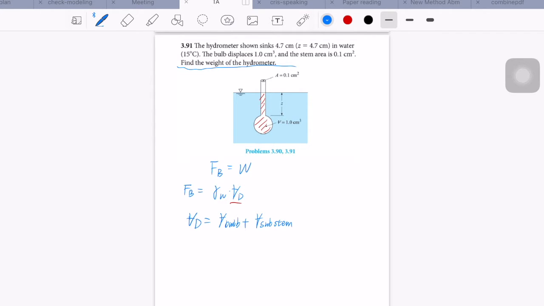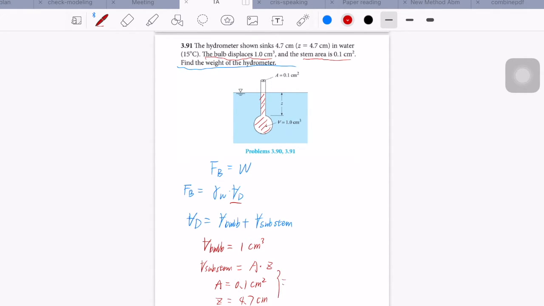From the problem, we know the volume of the ball is 1 cubic centimeter, and the volume of the submerged stem should be equal to A times Z, where A is 0.1 square centimeters and Z is 4.7 centimeters.